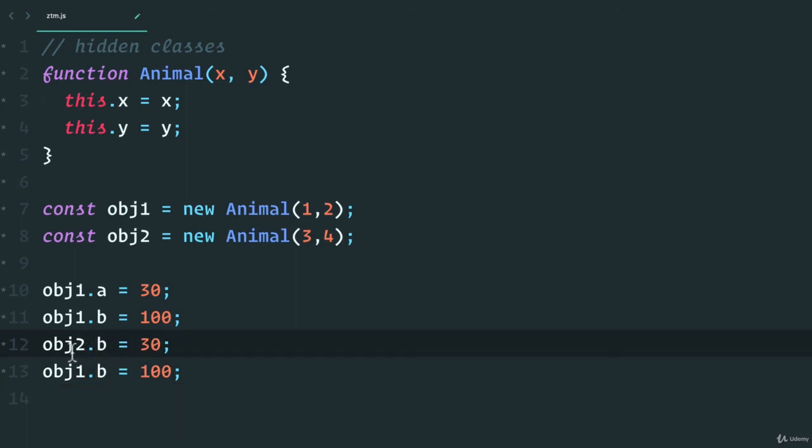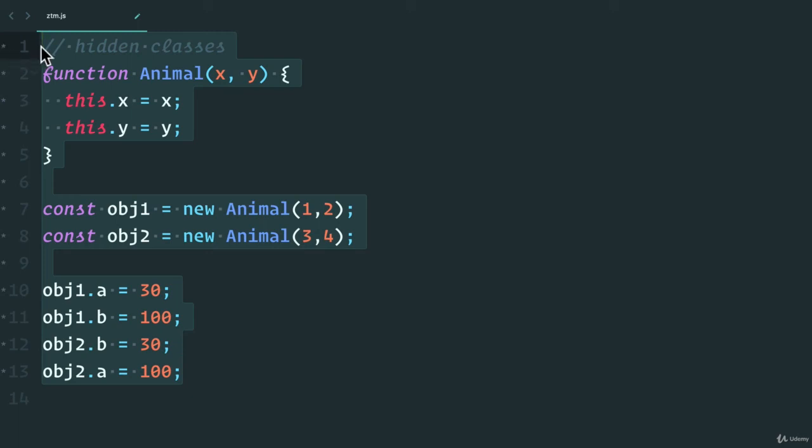So that is, I add the B property and then the A property to object 2. Hopefully that's not too confusing. That code is actually going to make the compiler run slower or de-optimize the code.